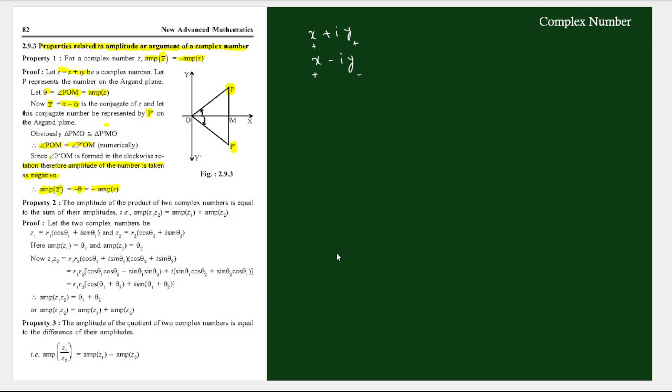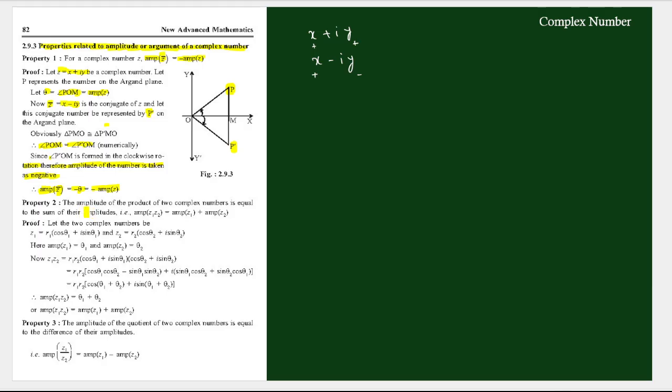The amplitude of the product of two complex numbers. The multiplication of those two complex numbers has an amplitude equal to the sum of their amplitudes.